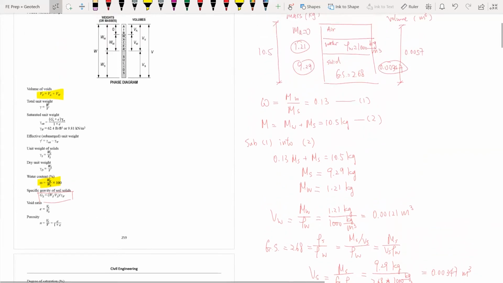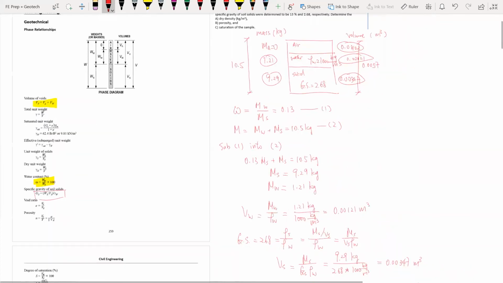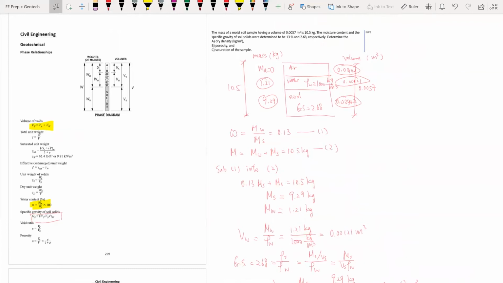So pretty much we find out all the parameters on the phase diagram. And with that, we can solve for the parameters that are being asked.